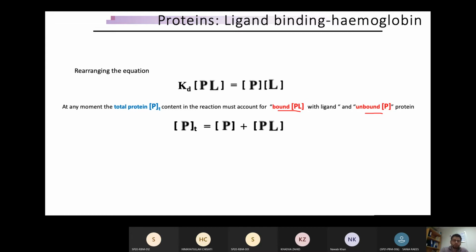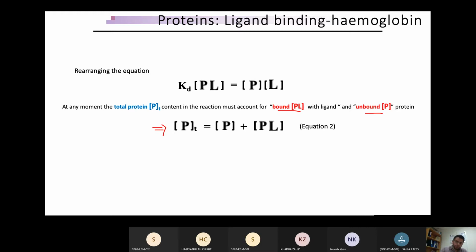In other words, you could write it in this manner, जहाँ पर आपको लग रहा है कि this is the total protein, concentration of total protein is equal to unbound protein and protein bound with the ligand, जो कि आपको यहाँ पर. So this is our second equation. So now you could get this protein.